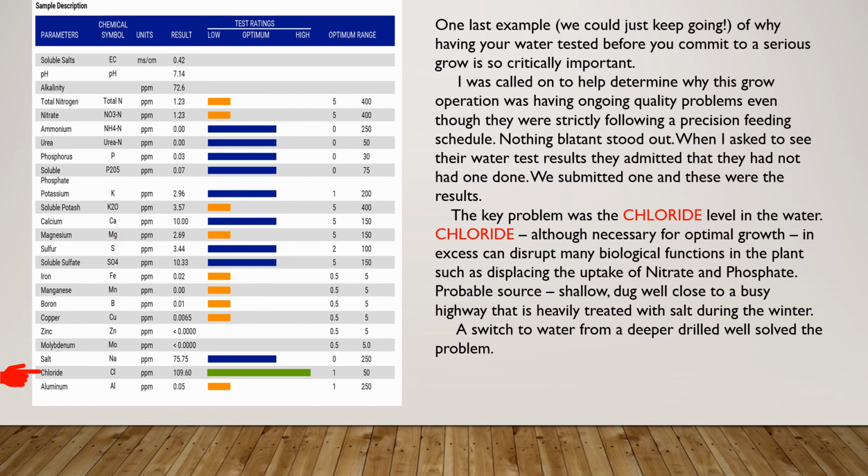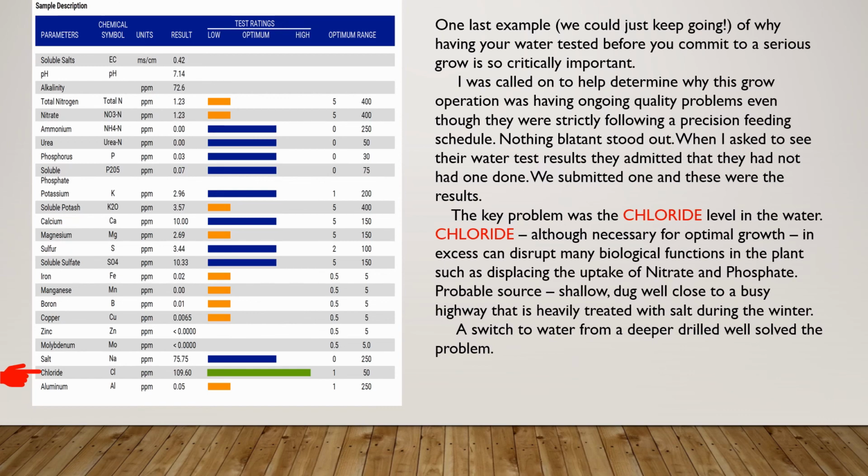The more we looked at where the problem might be arising from, they were drawing from a shallow dug well that was fairly close to a busy road that was heavily treated with salt in the winter, and we were seeing the probable incursion of the road salt into their groundwater base, and they were drawing that and using it in their grow operation.